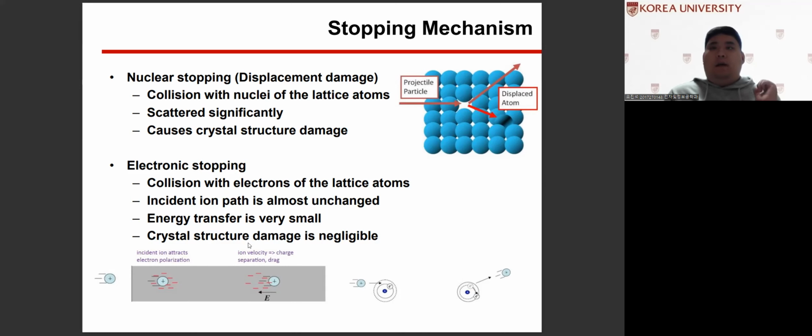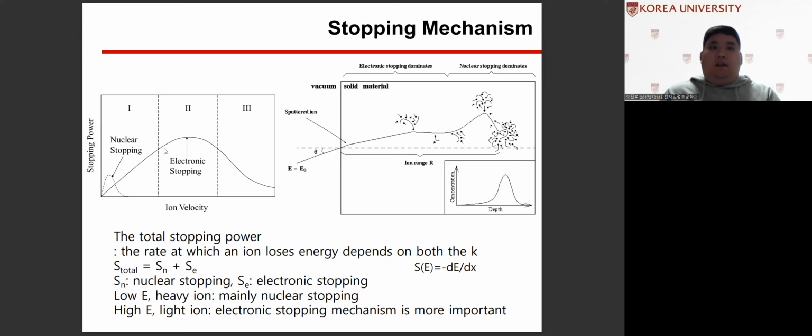When the ion is moving fast inside the silicon, the electrical charge slows the ion down, and when the ion is slow enough, it collides with the nuclei of the silicon atoms, which can scatter it and damage the crystal structure. When ion velocity is high, the stopping is largely due to electronic stopping, and when the ion is slow, nuclear stopping dominates.